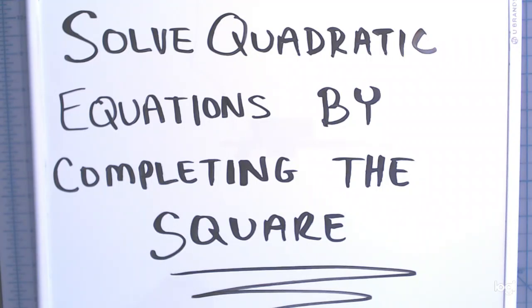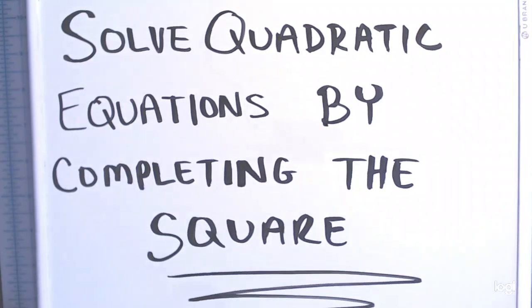I'm going to start off by refreshing your memory as to what completing the square is, how you perform that operation, and then how we're going to use it to solve any quadratic equation. And that is the beauty of it: you can use this method I'm going to show you today to solve any quadratic equation in one variable.